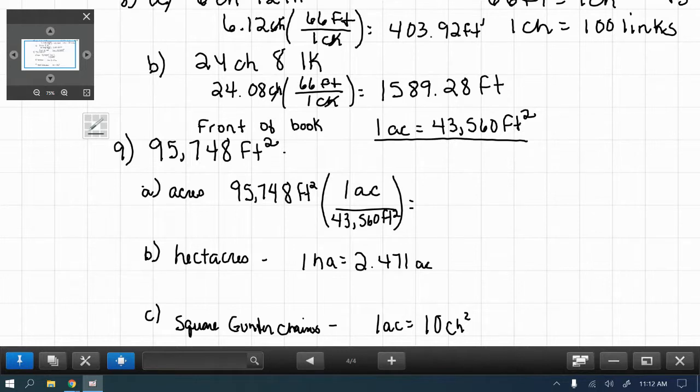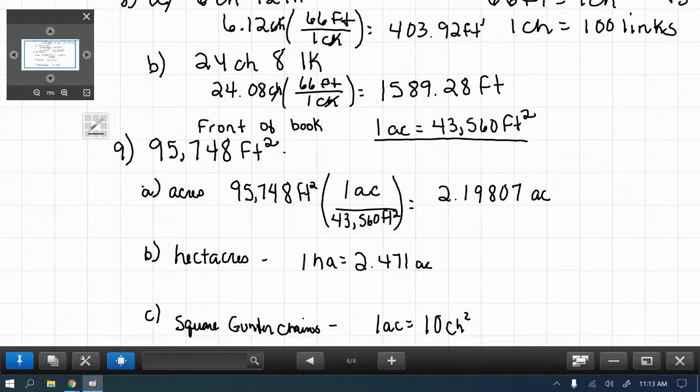What did you get for A? 2.19807. 2.198. Okay, that's acres. So now I want it in hectares. Again, the front of the book. 1 hectare equals 2.471 acres.